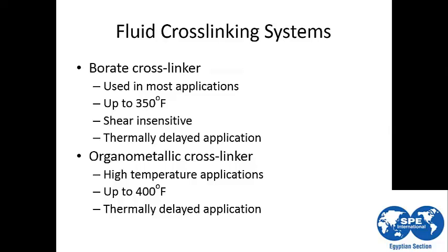The first one is the Borate Crosslinker, and the second one is the Organometallic Crosslinker. The Borate Crosslinker can hold temperatures up to 350 Fahrenheit, and the organometallic crosslinkers can hold temperatures up to 400 Fahrenheit.